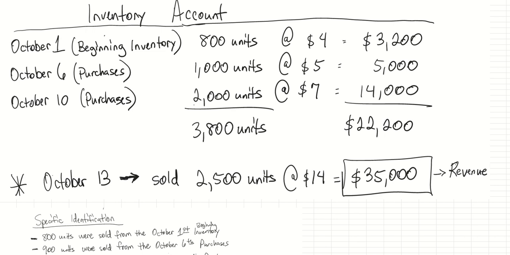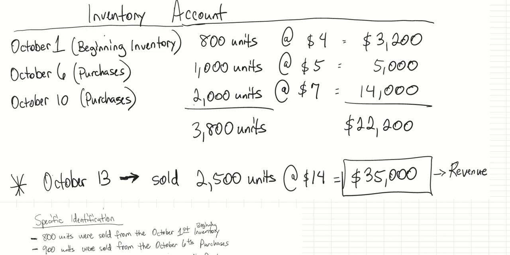Okay, so in order for you to use this method, you have to be provided additional information telling you that out of the units that were sold, this number of units were sold from this batch of inventory, and that number of units were sold from that batch of inventory.